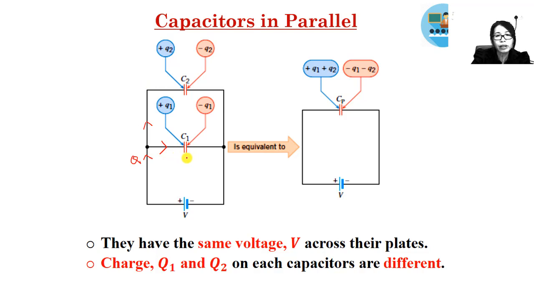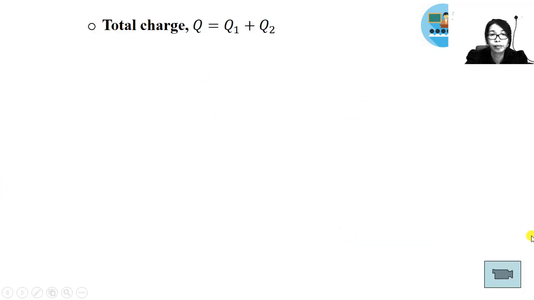So the charges we see in the first capacitor and the second capacitor will be different. So the total charge Q will be Q1 plus Q2.